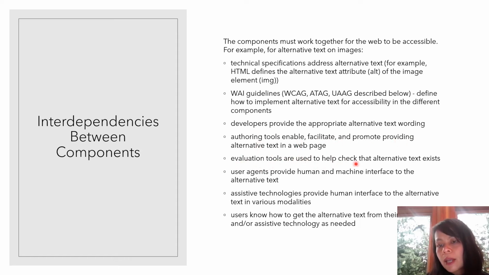Evaluation tools are used to help check that the alt text exists. User agents must provide a human and machine interface for the alt text. Assistive technologies like screen readers then provide a human interface to the alt text in various modalities. The users get to know how to get this alt text from their assistive technology.